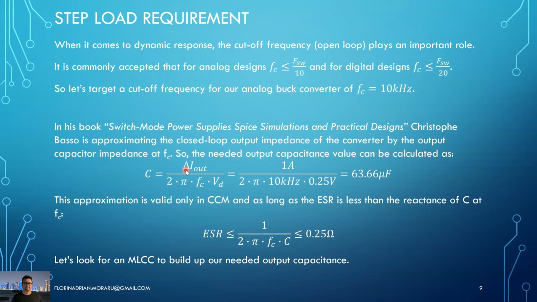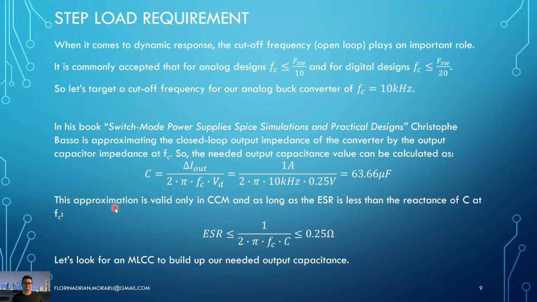We said our load introduced a change in output current of 1 amp, and with this formula we end up with a value close to 64 microfarads that we need. So much larger than we previously calculated, like 10 or 20 microfarads.